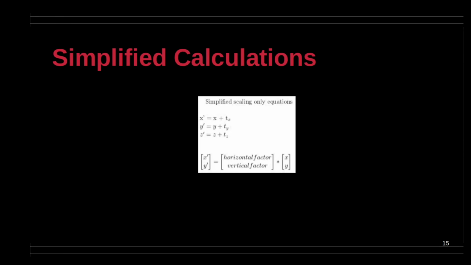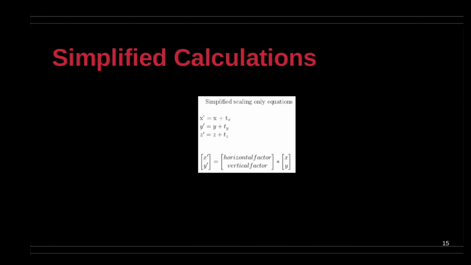Let us review the simplified calculations again. This time, it will be for 3D space. The equations on this slide illustrate the result of matrix multiplication. In dealing with 2D images, we can drop the z element from further consideration.